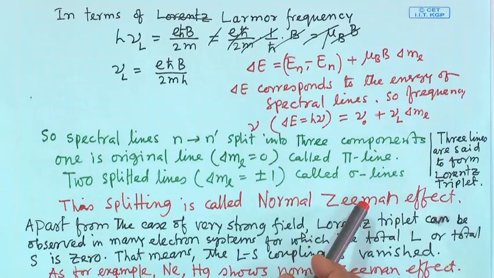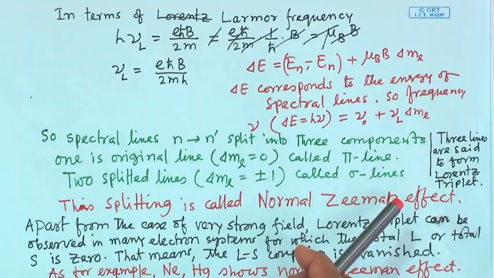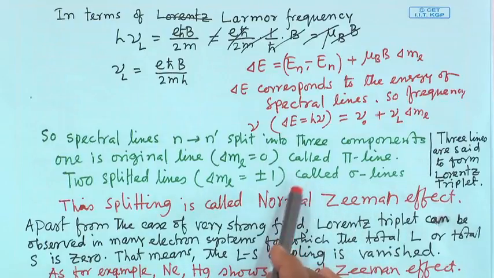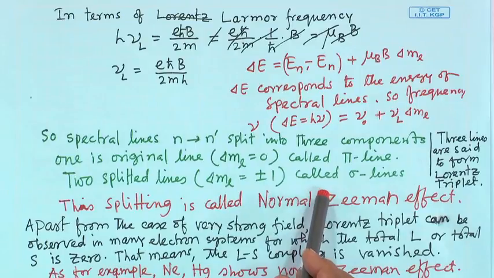Now, to see the normal Zeeman effect, the magnetic field has to be very strong. How strong? B has to be greater than Z to the power 4. In the case of the hydrogen atom, Z is 1, so you need a minimum of 1 Tesla field, since Z to the power 4 means 1.